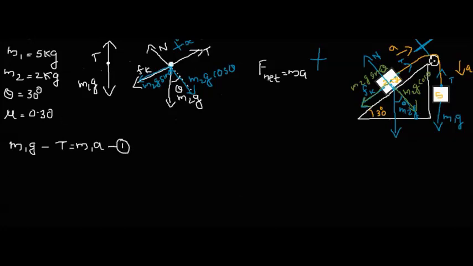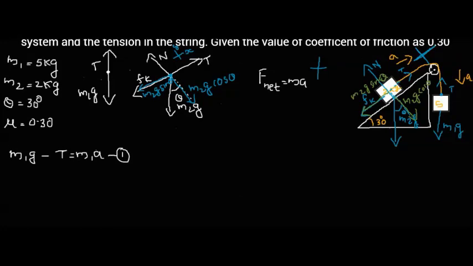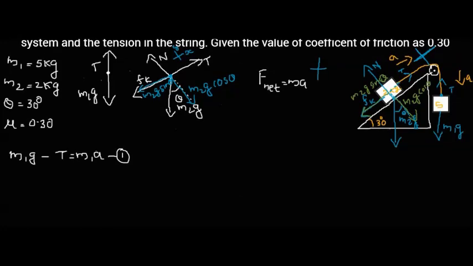Now take the case of the second object. We have to apply F equal to ma for the second object along the vertical direction and horizontal direction. So look at the picture. This is the vertical direction, this is the horizontal direction. So when we are applying Newton's second law along the vertical direction, you can see along the vertical direction two forces are acting.